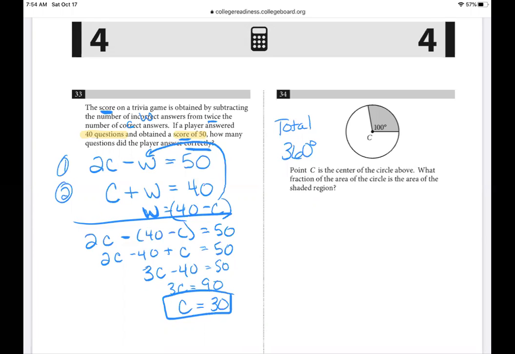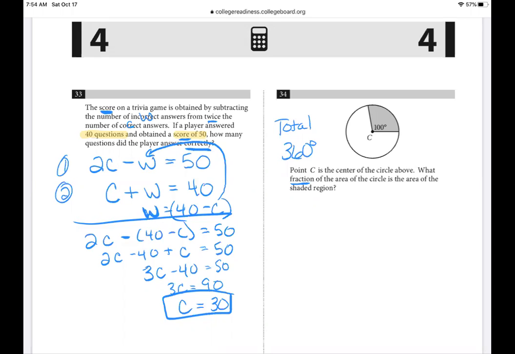For number 34, point C is the center of the circle. What fraction of the area of the entire circle is the area of the shaded region? So the angle of 100 degrees is proportional to the portion that's shaded.